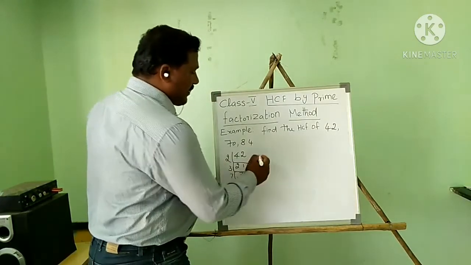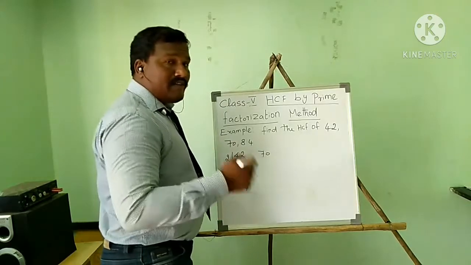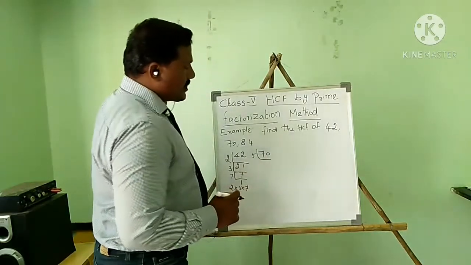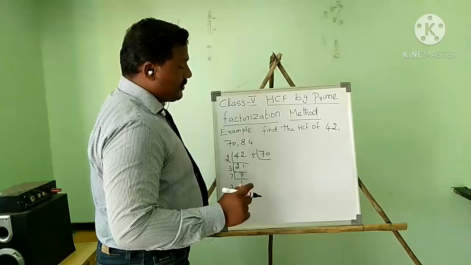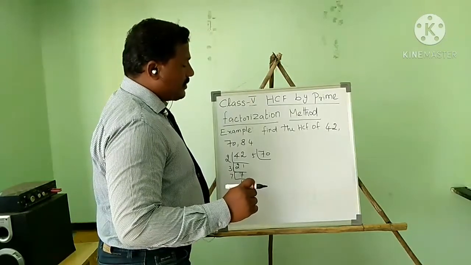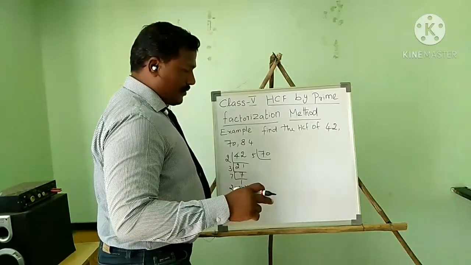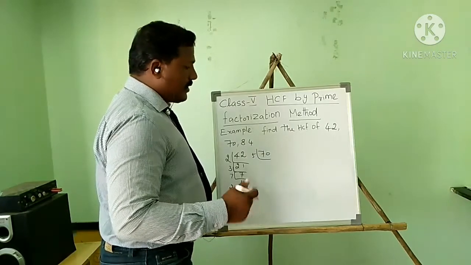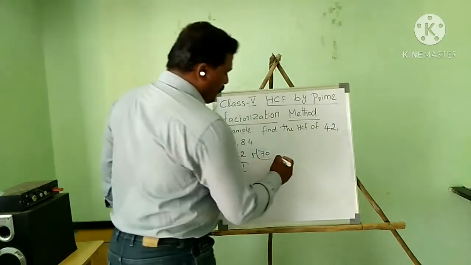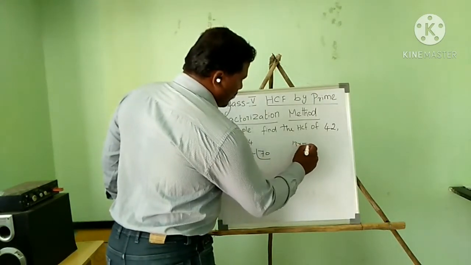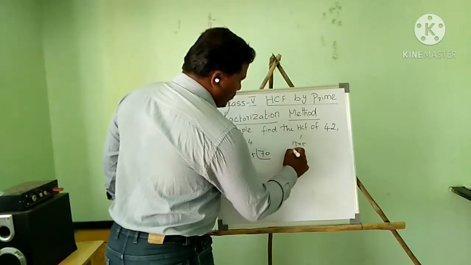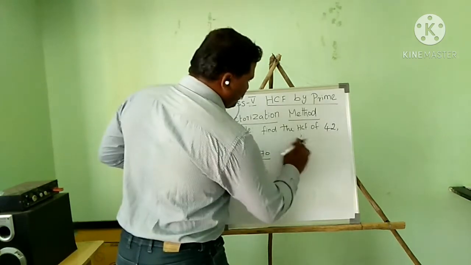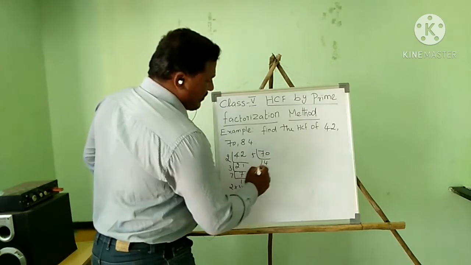Now let me take 70. The last digit is 0, so first I divide by 5. 14 fives are 70.